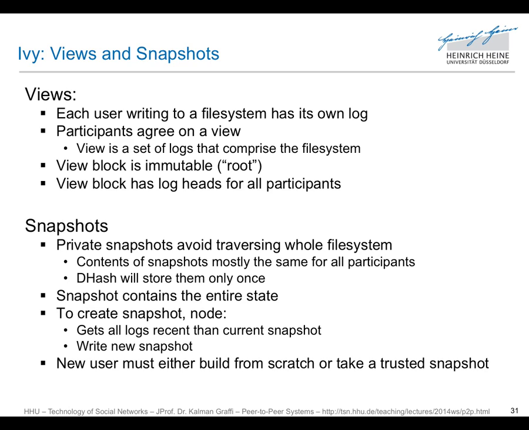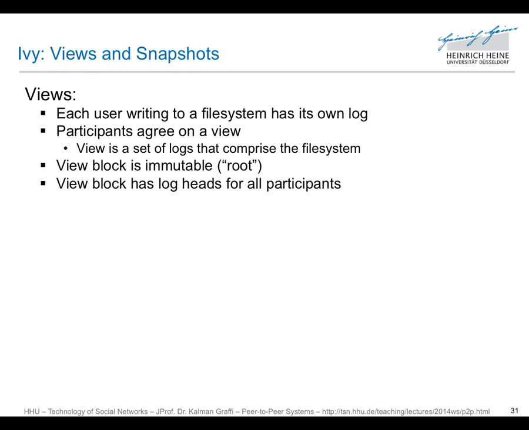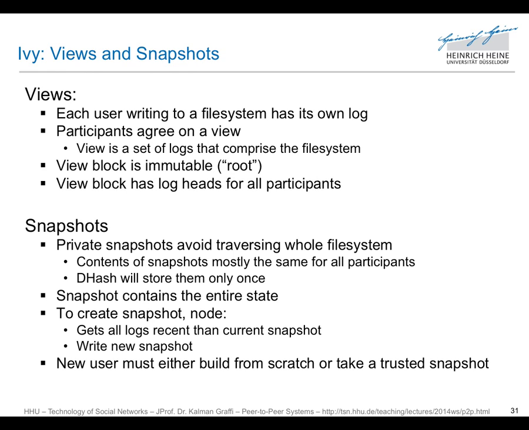They get all recent logs which are in the network currently, and then they can create a new version for themselves that they use to not question the network anymore. And if a new user comes in, then again he or she has to get the basic data element and all modifications. So it really takes a lot of time to catch up to the current state.